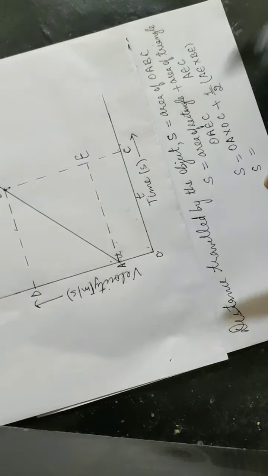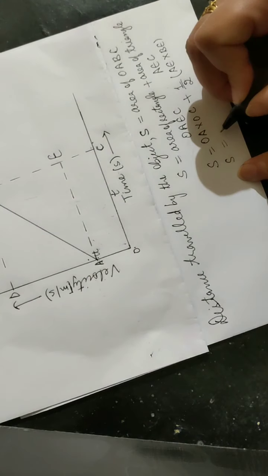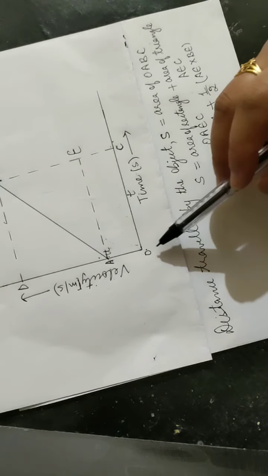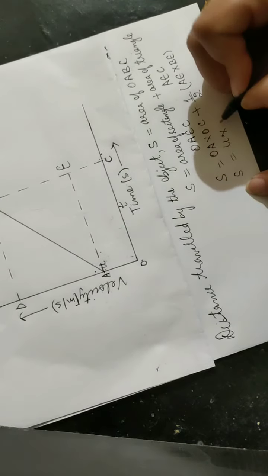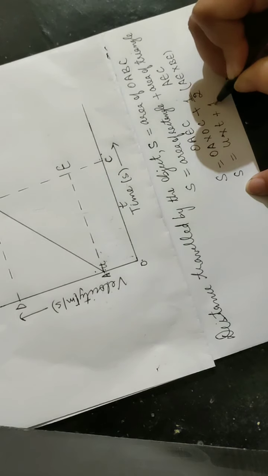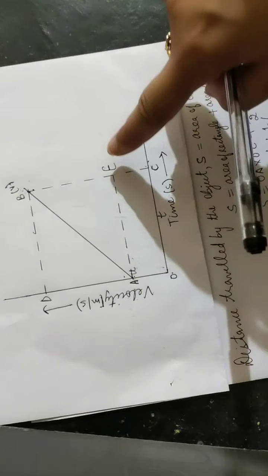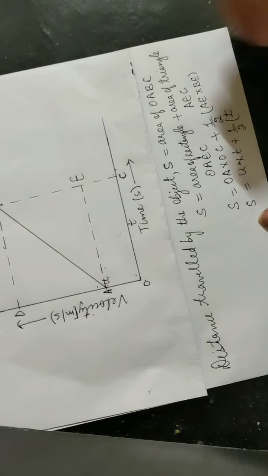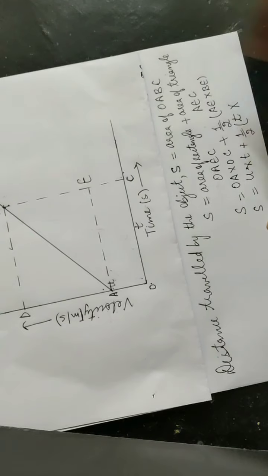It is equal to U, into OC. OC is time T, plus half of AE into BE. What is this AE? I have already mentioned that OC is parallel to AE. Therefore, AE is also T.